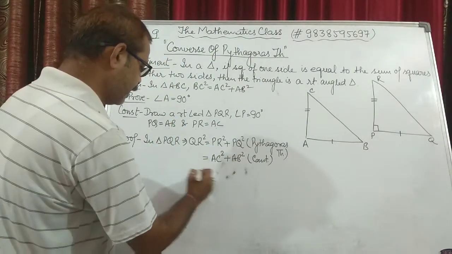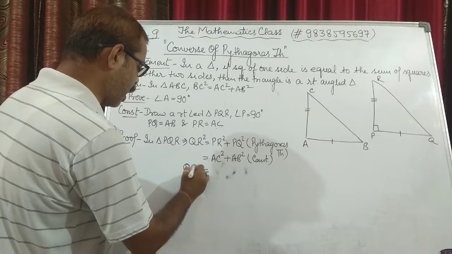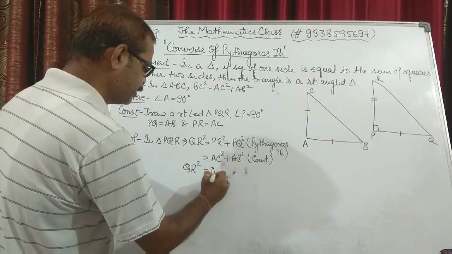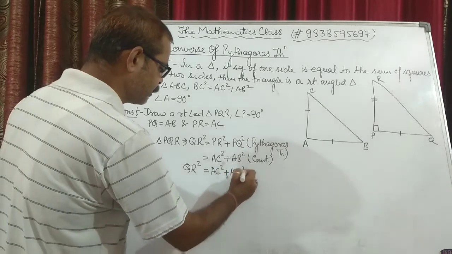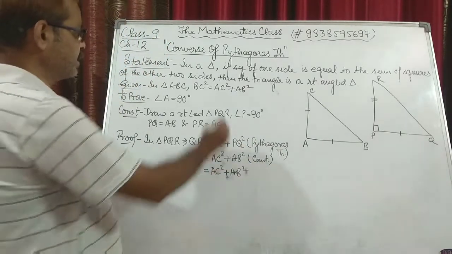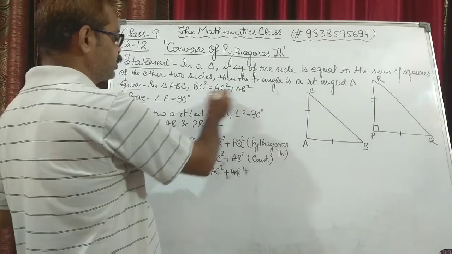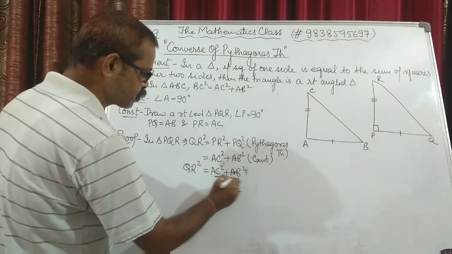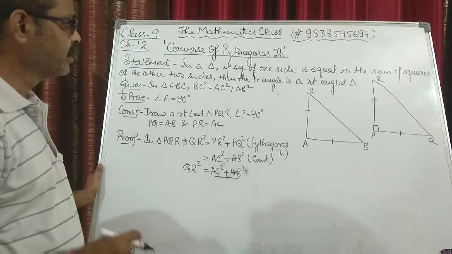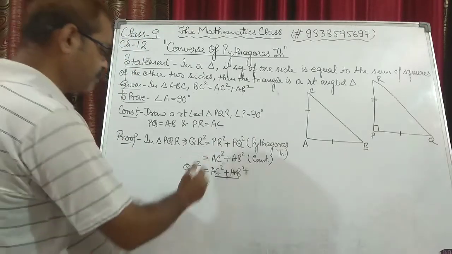Now, it means that QR square is equal to AC square plus AB square. But it is given that AC square plus AB square is equal to BC square. Means both these terms can be substituted by BC square.